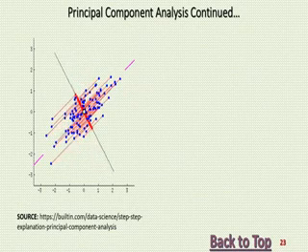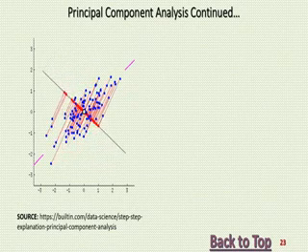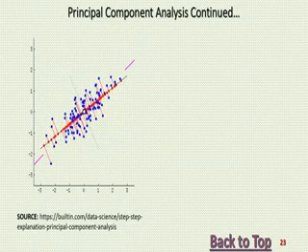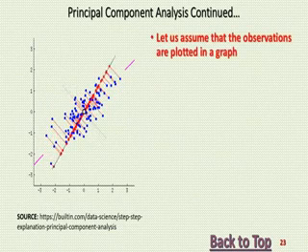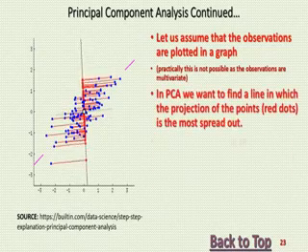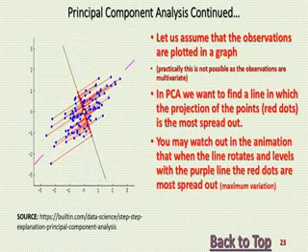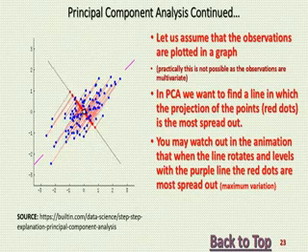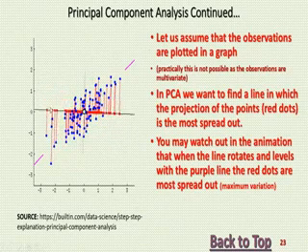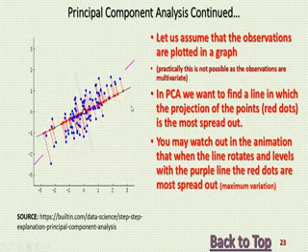Instead of having two dimensions, you now have one dimension. This is attained by rotating this particular line. The source of this graph is given. When this line becomes parallel to the purple line, the projection of the points goes far apart, and that means maximum variation is explained at that point.